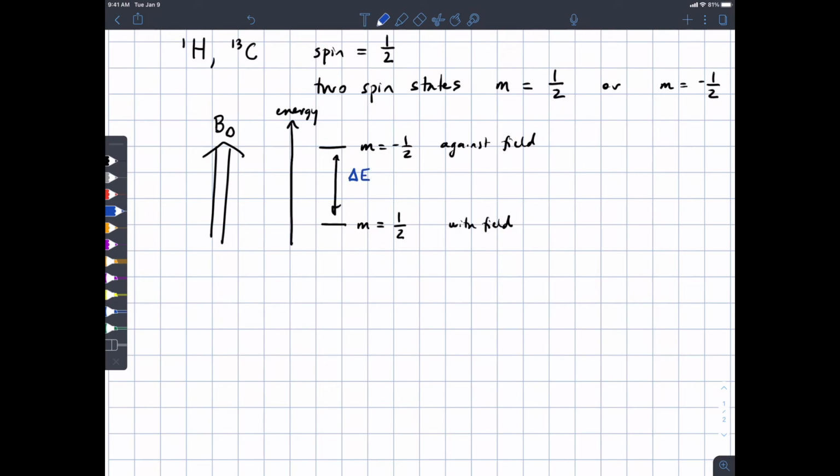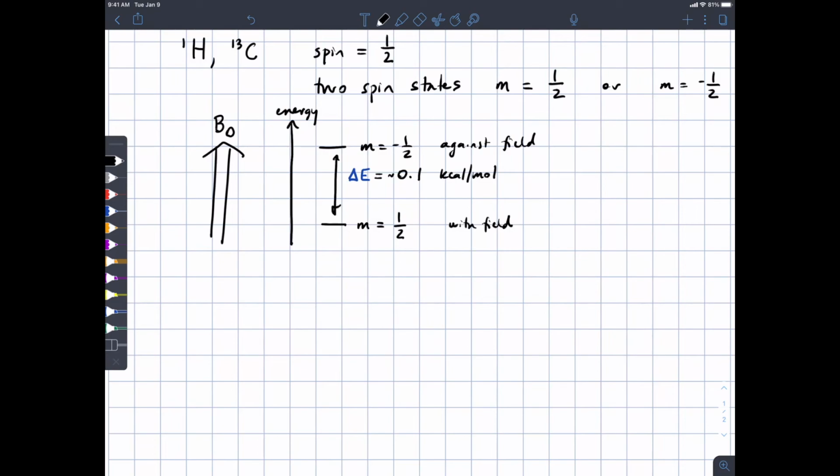Now, the difference is really small. In terms of energy, it's about 1/10 of a kcal per mole. Recall that the average carbon-hydrogen bond is in the range of 80 to 100 kcals per mole, and so this is very much smaller than an actual bond.